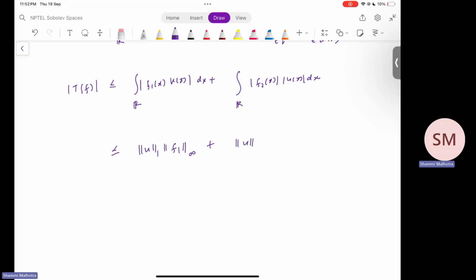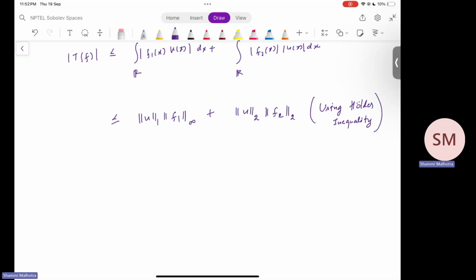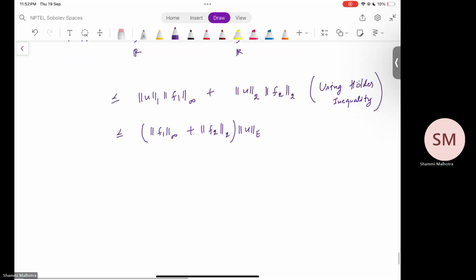Likewise, again using the Hölder inequality, we have this other term. Finally this is less than or equal to, since each norm is less than the E norm, this thing, and this implies that T is a continuous linear functional.